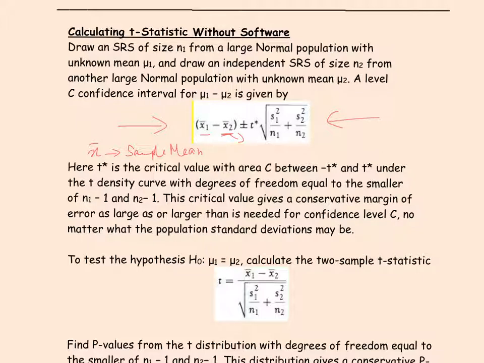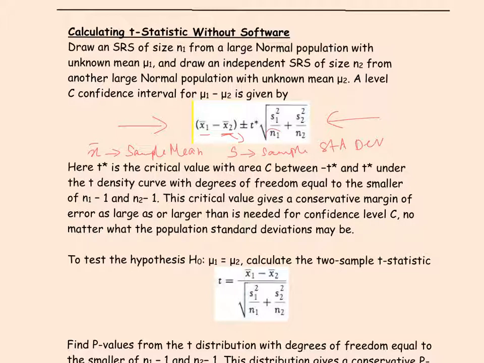We also have s1 and s2. In general, s is the sample standard deviation that comes from the sample, and the subscripts tell us which sample we are referring to. So s1 would be the standard deviation of the first sample and s2 would be the standard deviation of the second sample.